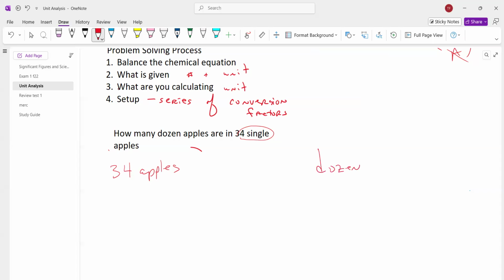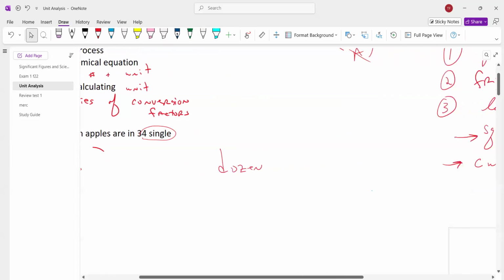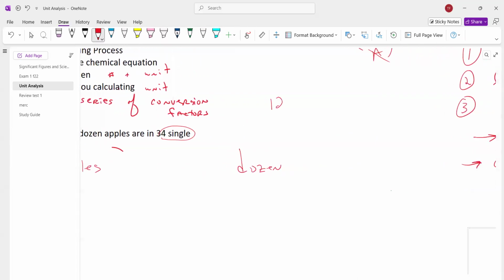Now, step 4 is the setup, a series of conversion factors. So we need to go from apples to dozen. And we're going to use a conversion factor. Now, the conversion factors are all fractions. And another thing is you always have two conversion factors.